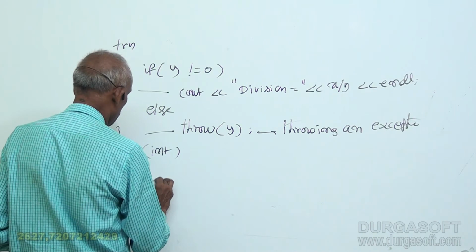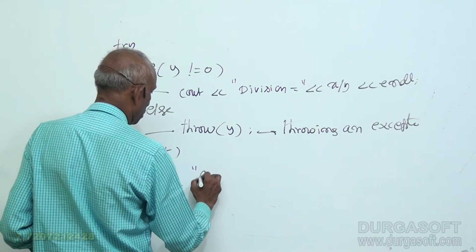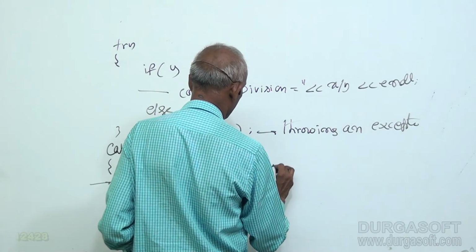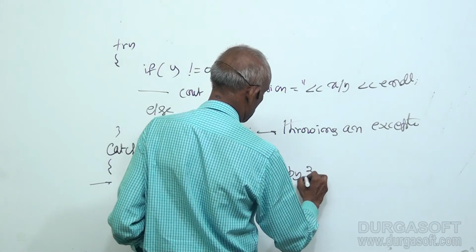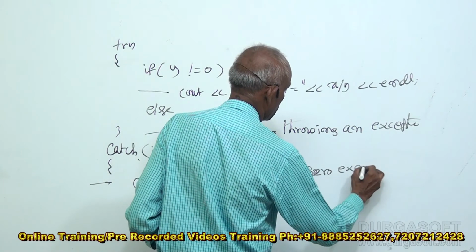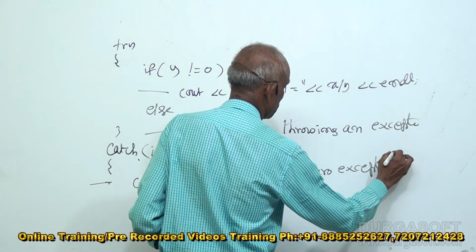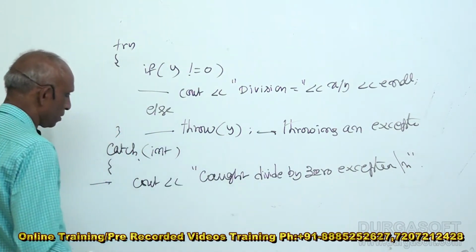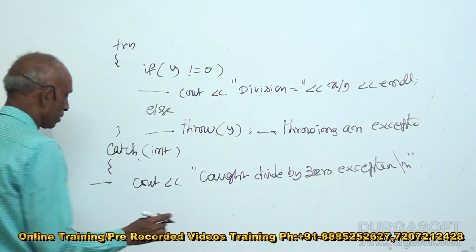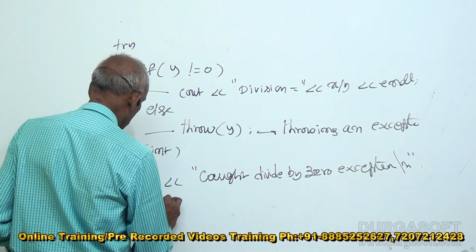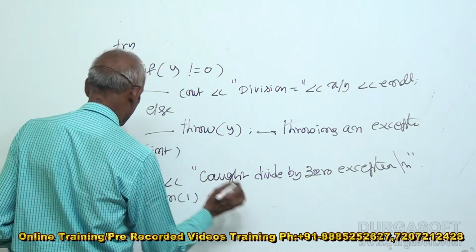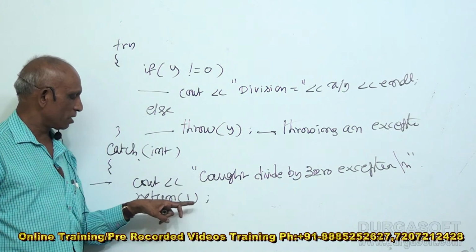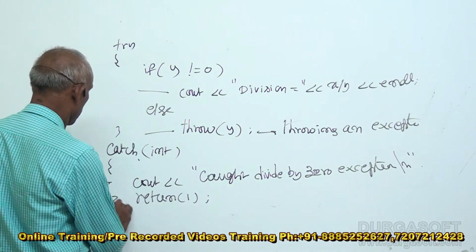Display "Caught divide by 0 exception." Then return, there is no point in proceeding. Return from the program with status 1. Usually if there is no error, we return with 0, and error returns with 1, so return with 1.